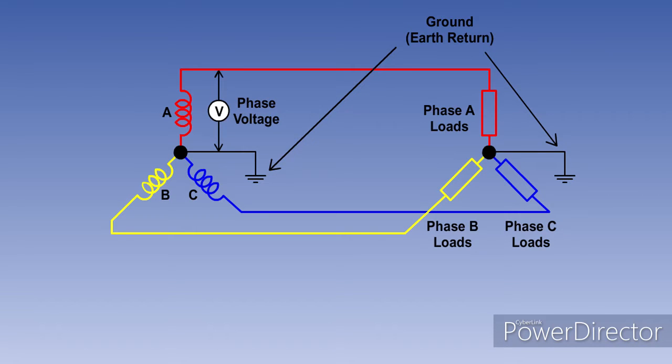A voltmeter, measuring the potential difference between the neutral and a line lead, would read the individual phase voltage. The potential difference between two line connections is known as the line voltage.